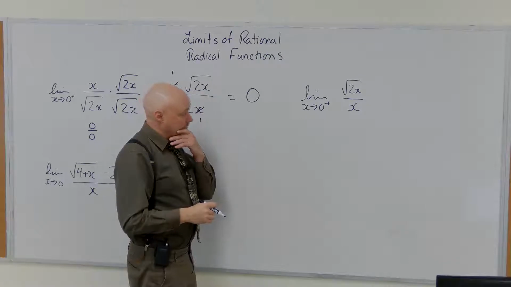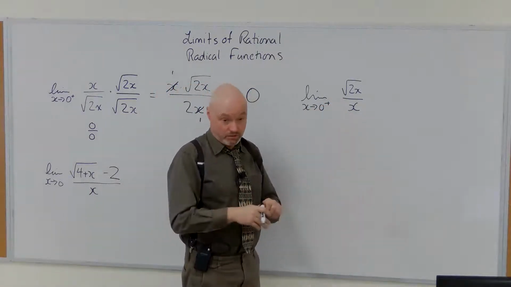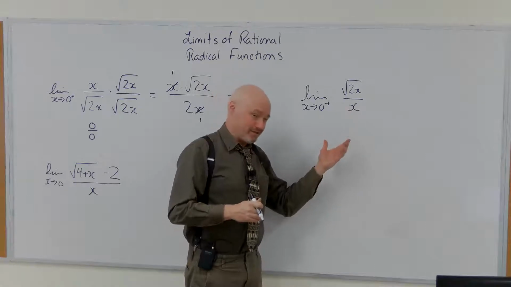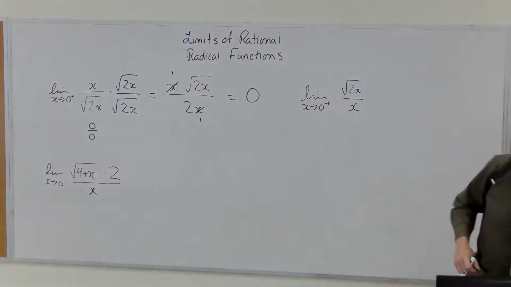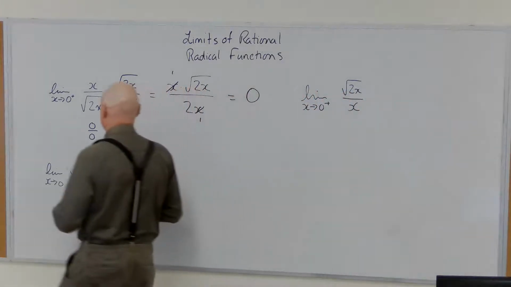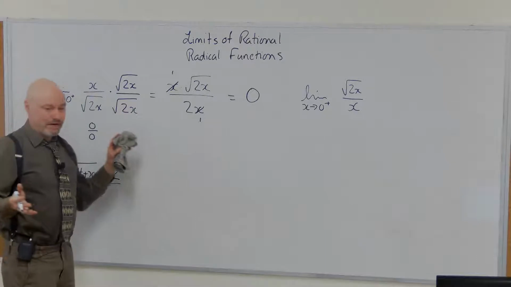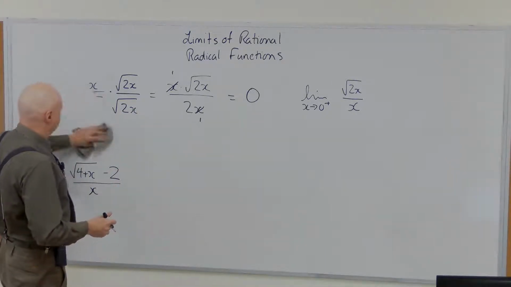But we can fix these ones with the radicals in the top. We can also multiply by the conjugate. This one actually doesn't exist because it goes to infinity, but you can use the same strategy. So if it's just a radical, just rationalize the denominator. Things are going to be fine.